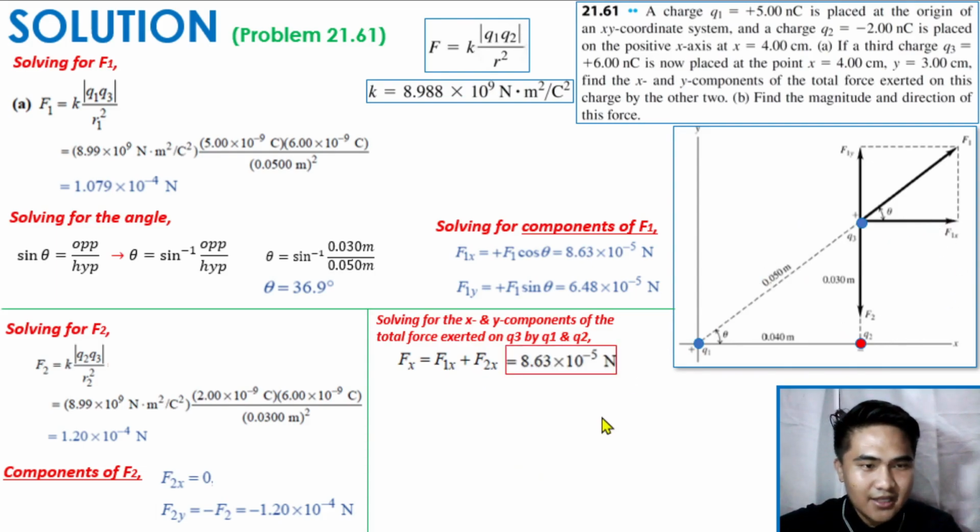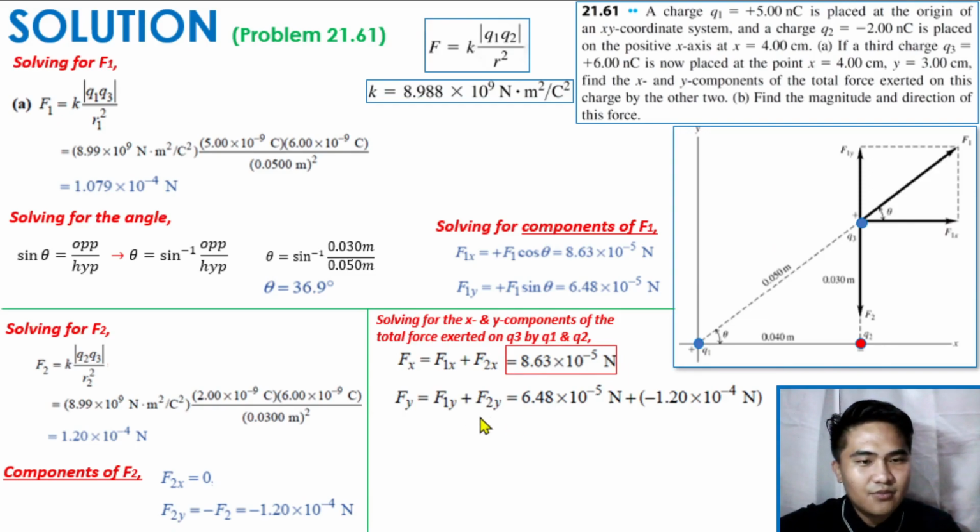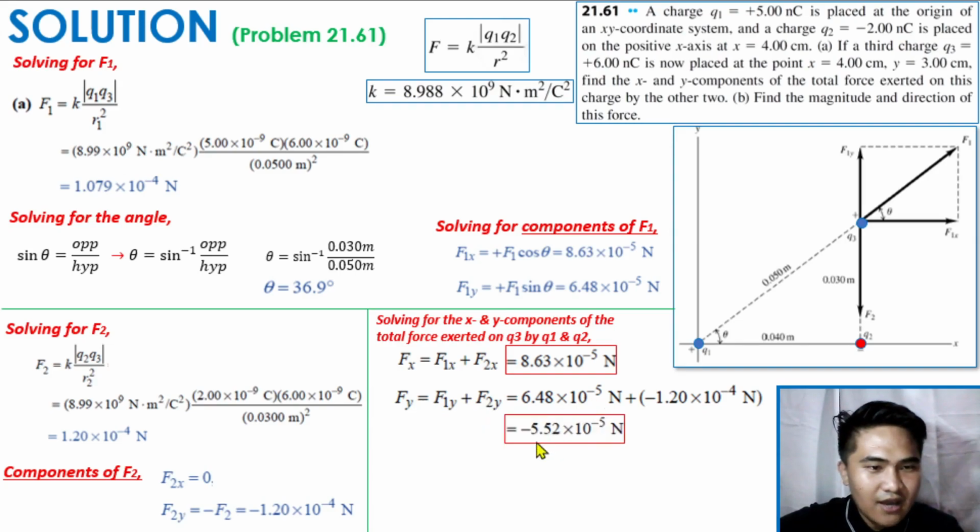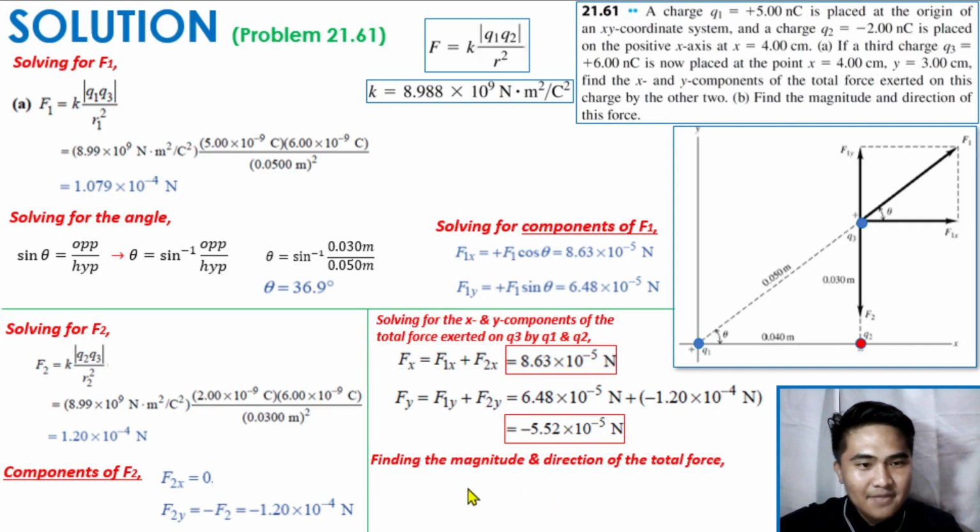So we will just add the components along the x-axis, and we have 8.63 times 10 to the negative 5 newtons. For the y components of the force, we have F1y plus F2y, and adding them, we will have negative 5.52 times 10 to the negative 5 newtons.